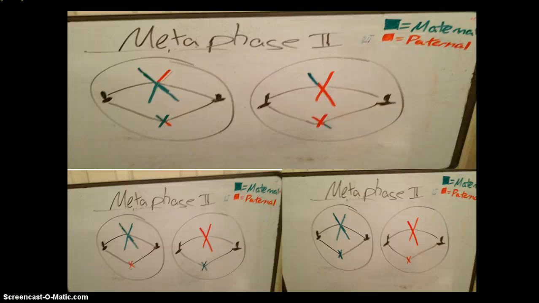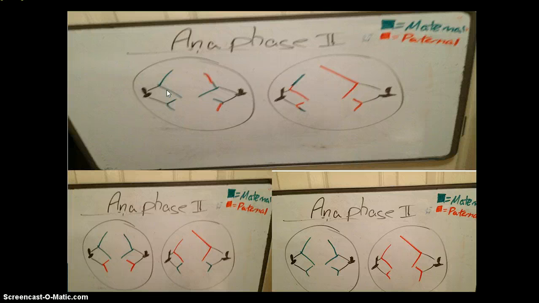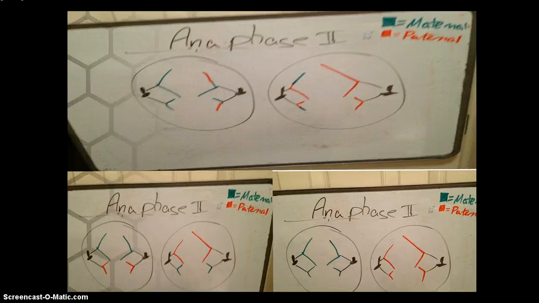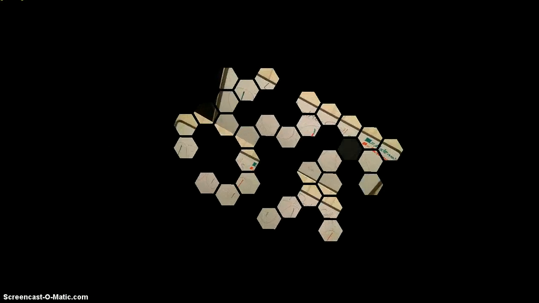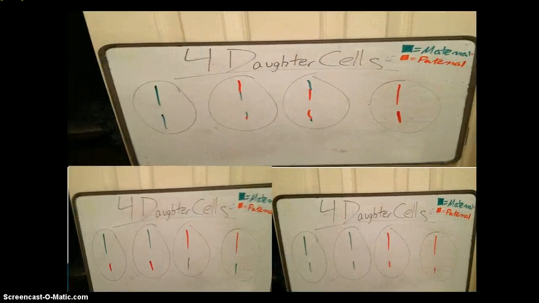Now they are lined up at the kinetochores, at the centromeres, and as you will see in anaphase 2, they are now beginning to split apart. They are coming farther and farther apart, where you will see now they are 4 completely different daughter cells.